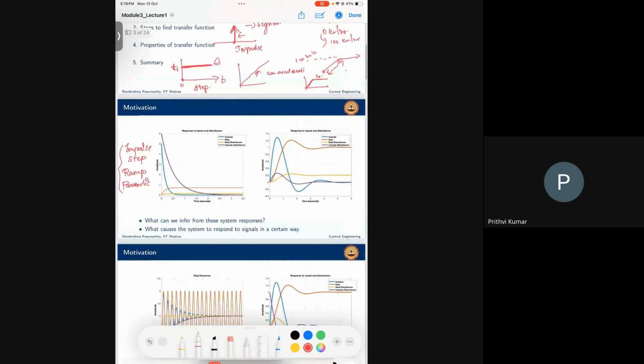So we have used this impulse and step here with disturbances. In control systems, disturbance refers to a perturbation. There will be an input, there will be a system, and the output will come. Until we change anything externally, this is an ideal system.